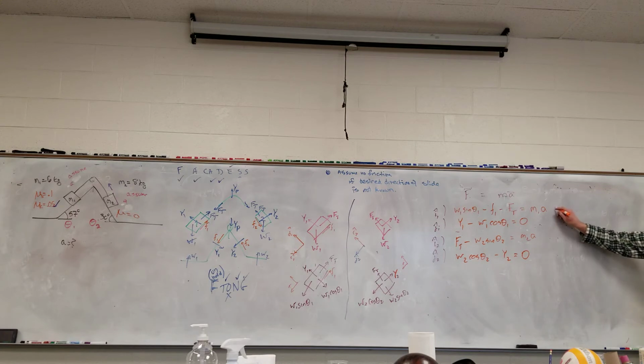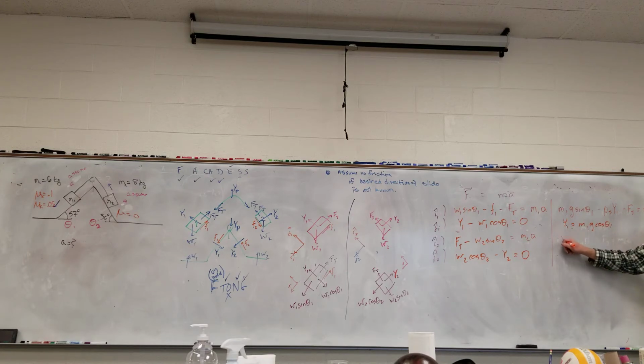So we do our substitution. This first one becomes M1G sine theta 1 minus mu S Y1 minus tension is equal to M1A. The second equation, Y1 is equal to M1G cosine theta 1.